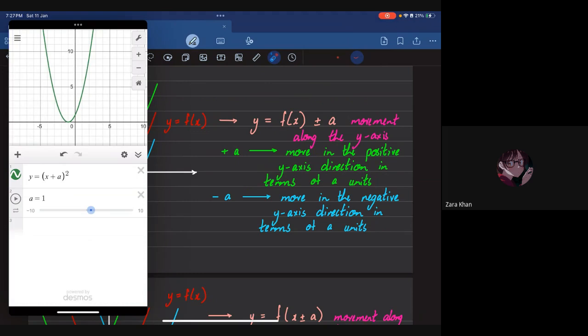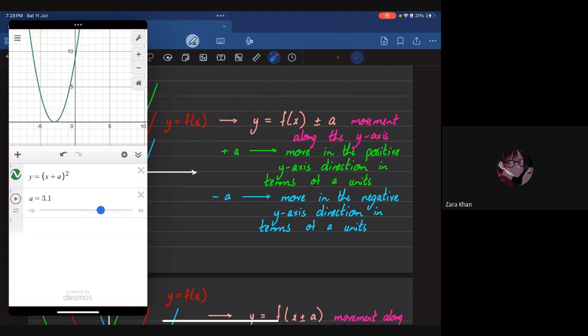Now, this is something that is adding or subtracting to x inside. It's not adding to the entire equation. I've written a very simplified version of the equation, but even if a larger equation had been written, this would have been the point where a was just adding or subtracting with x squared alone, or with x alone. So now what's going to happen?